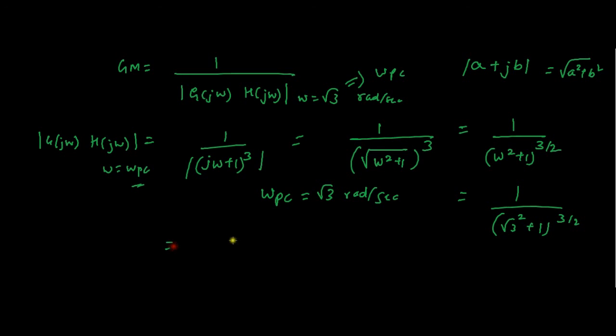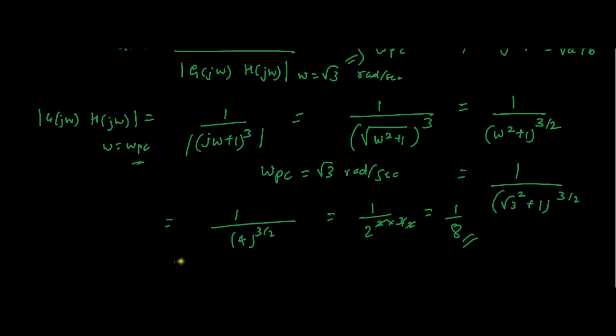This can be written as 1 over, root 3 square is 3, 3 plus 1 is 4, so 4 raised to 3 by 2. This will become 1 over 2 raised to 2 into 3 by 2, so this will get cancelled. This will be 1 over 8. So this is the value of g of j omega and h of j omega.